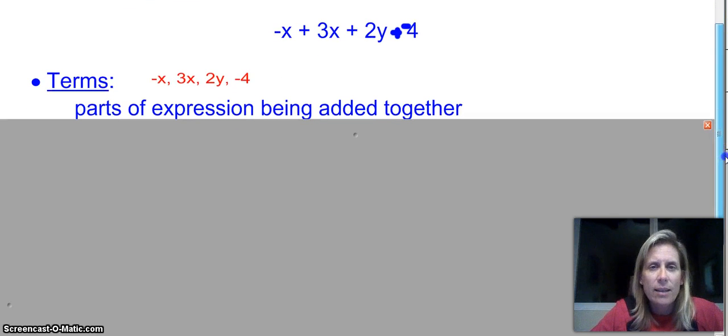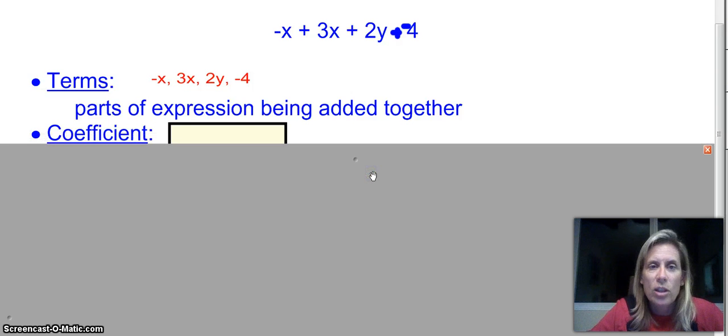Our second concept of the day is coefficient. We've talked about this a little bit before this year, and hopefully you can remember that a coefficient is, let's take a look at this second term here. The second term has a 3 and an x. What's that operation taking place between that?